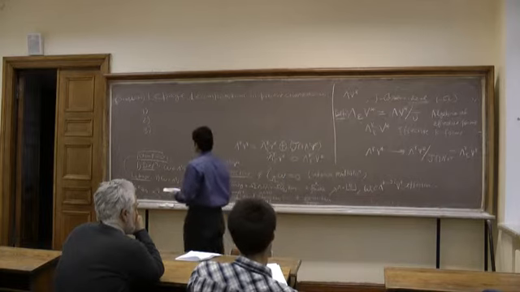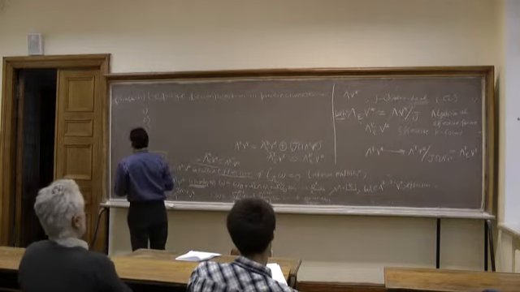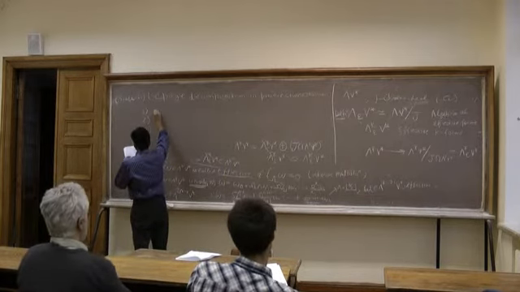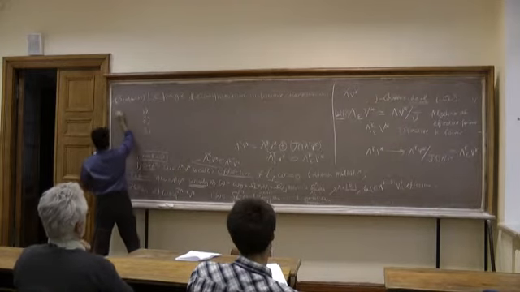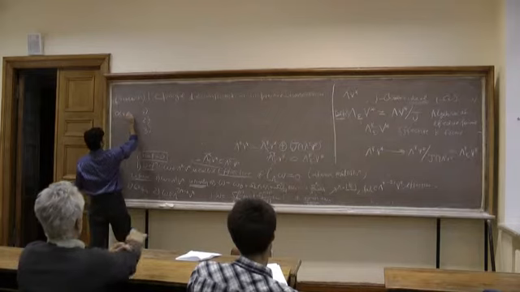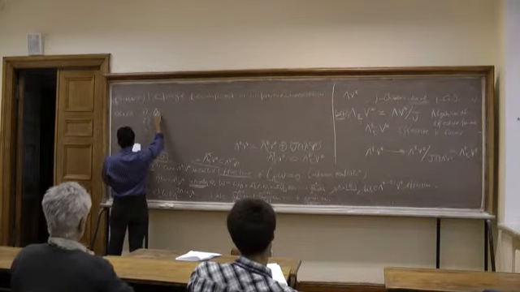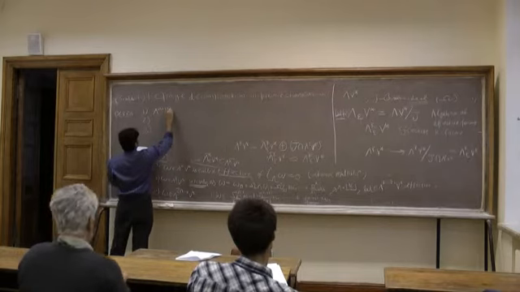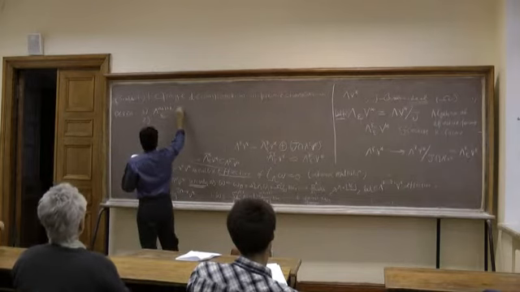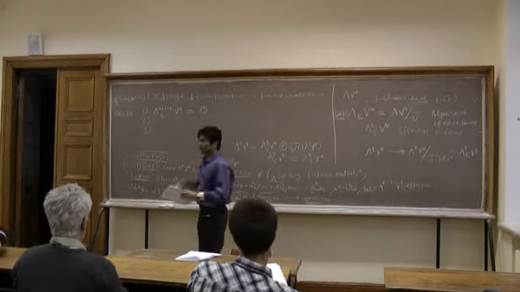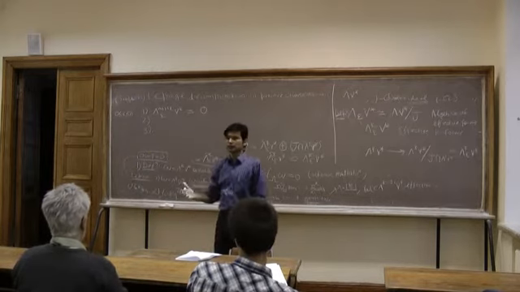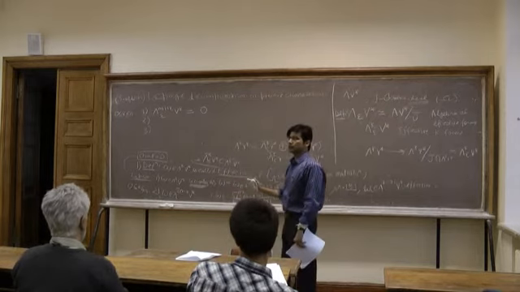Okay, so let me state, as I said, the first statement: in greater than n dimensions, there are no effective forms.